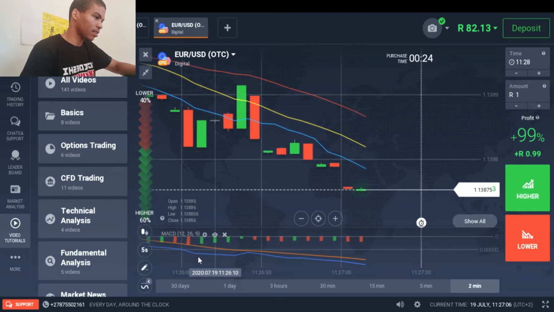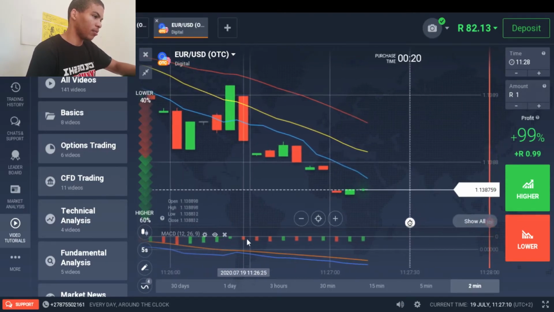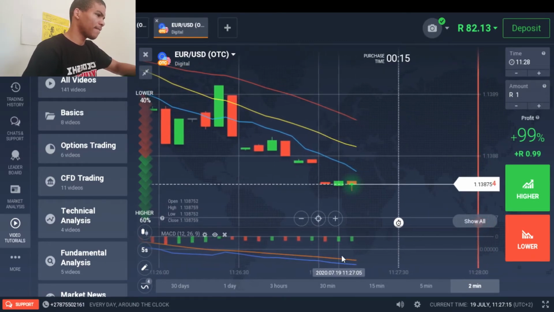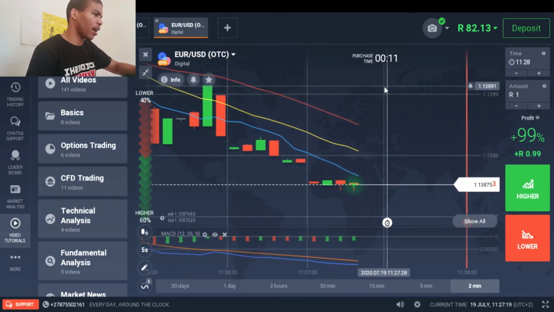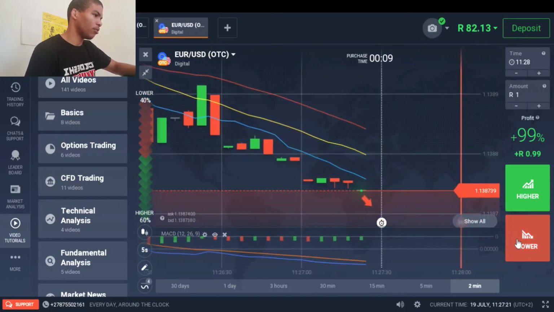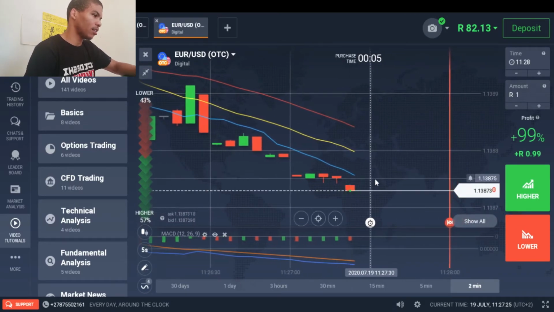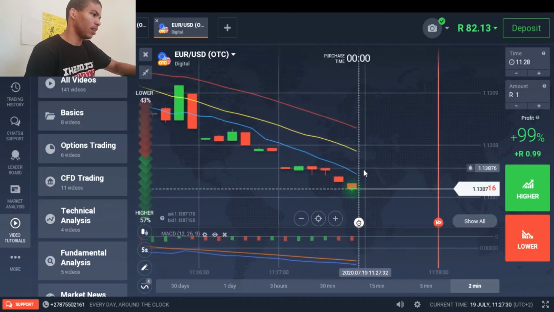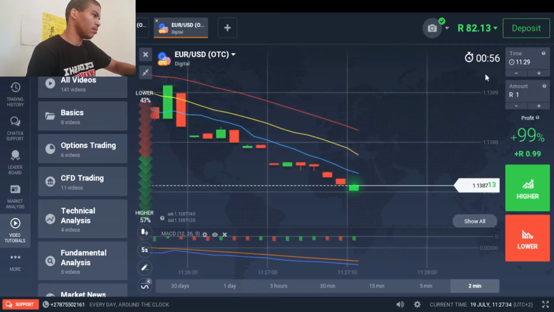So you check the lines and also the histogram, or bar graph, at the bottom. When you trade, you have to go higher or lower before it gets to this line, because if it touches that line and you didn't place a bet, then the line goes away and moves to the side.